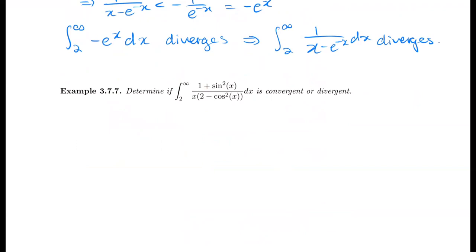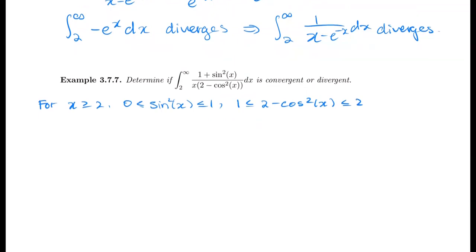Okay, so for x greater than 2, we know that sine squared of x is actually bounded between 0 and 1, so sine squared of x is less than or equal to 1. And we also know that 1 is less than or equal to 2 minus cos squared of x, and this is less than or equal to 2.